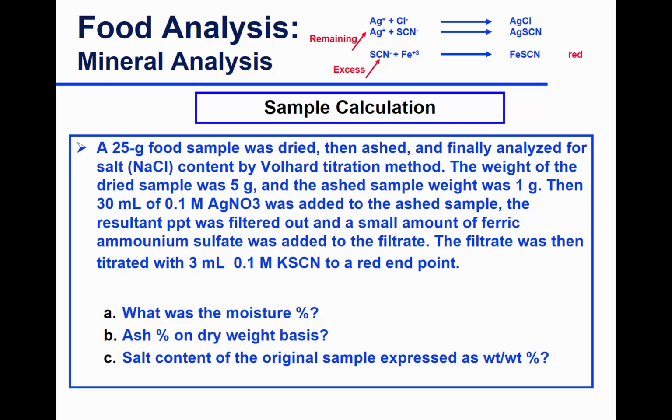Well, the first two are easy. Did anybody get them? Ted? For A, 80% moisture content. Mallory, you had B? So 25 minus 5 is your moisture content.